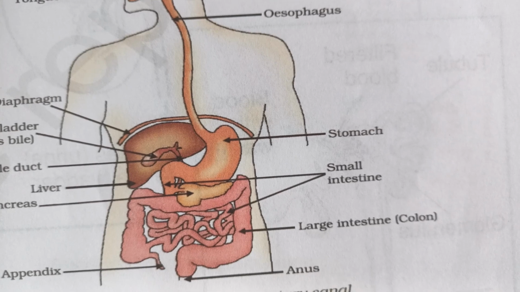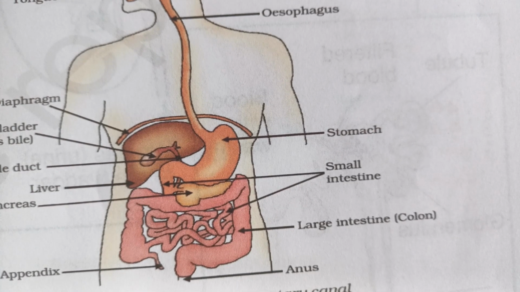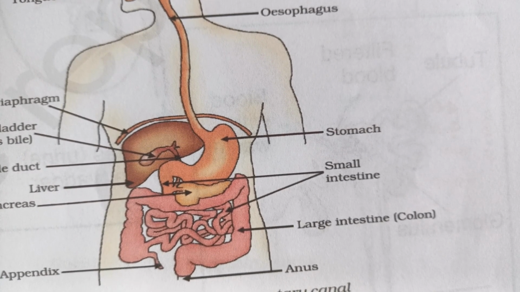Other functions are also carried out here. There is absorption of certain nutrients inside the stomach, and also acid helps to neutralize various bacteria and microorganisms that may enter along with the food.